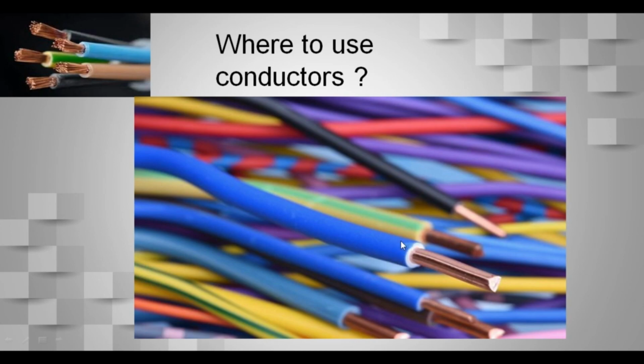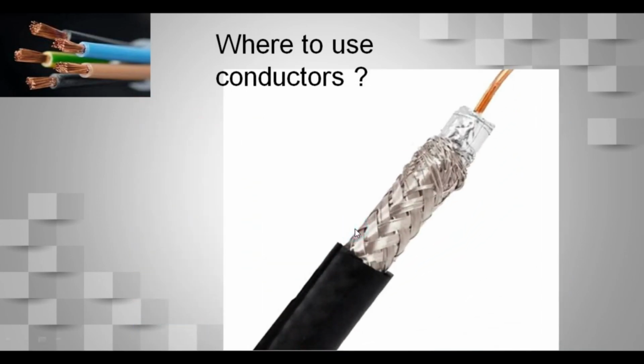This plastic material is an insulator and the conducting metal inside is the conductor. The plastic coating we use for protection. These various kinds of cables we use for connecting to the cable dish in our day-to-day life are also examples of conductors as well as insulators.